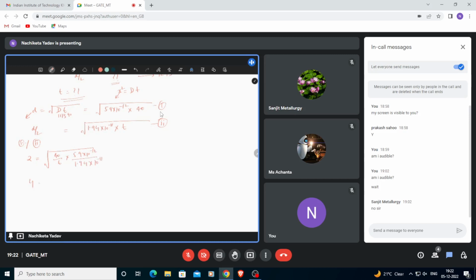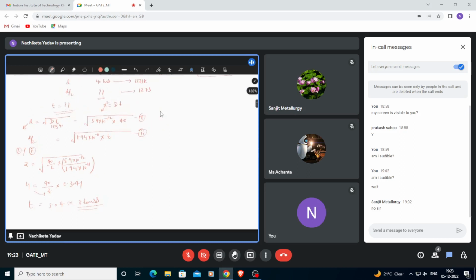So simply 4 equal to 40 by t into 0.3041. So the t value will be 3.04, meaning nearly 3 hours. Is it okay? Achanta, have you got it?